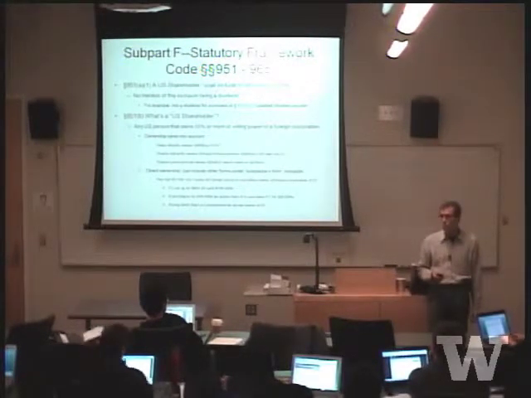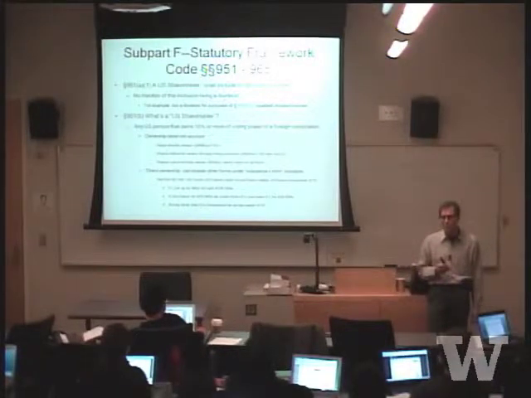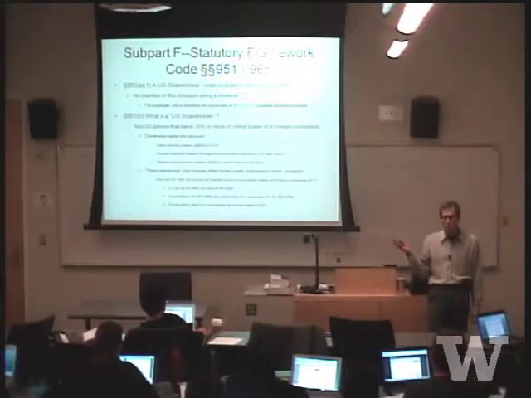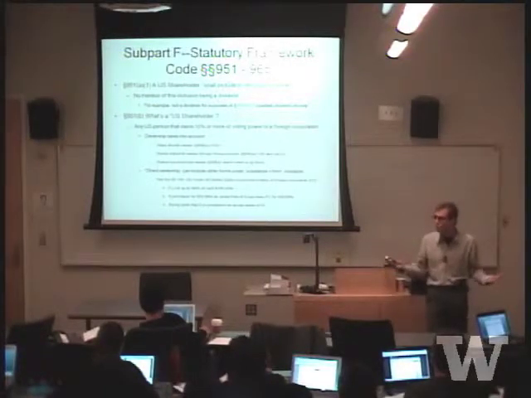What have we occasionally talked about that might be relevant here? Well, what about the entity classification rules, the check-the-box rules? If we check the box on the corporation, then we no longer have a corporation for U.S. tax purposes. There's no CFC.